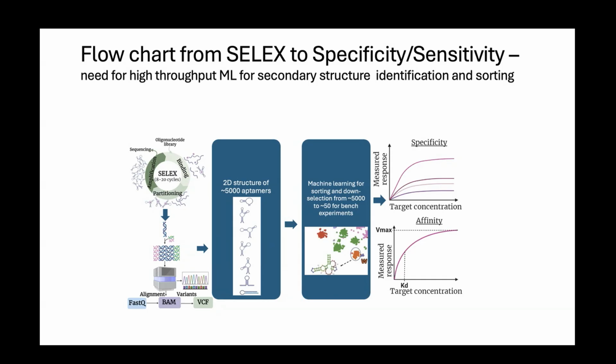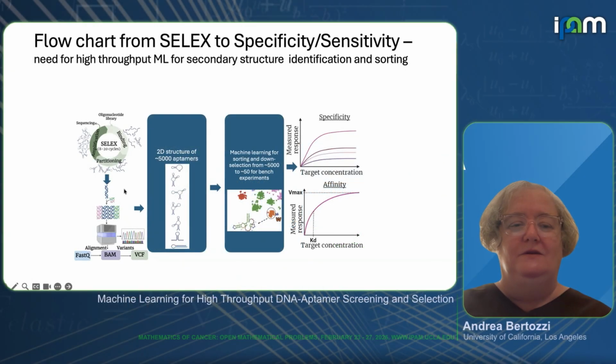Then you're going to do some kind of PCR amplification, and then you start with a new soup and just iterate on that many times, like 20 times. At various stages, you might do next generation sequencing, but in particular, at the end of the process, you'll do next generation sequencing.